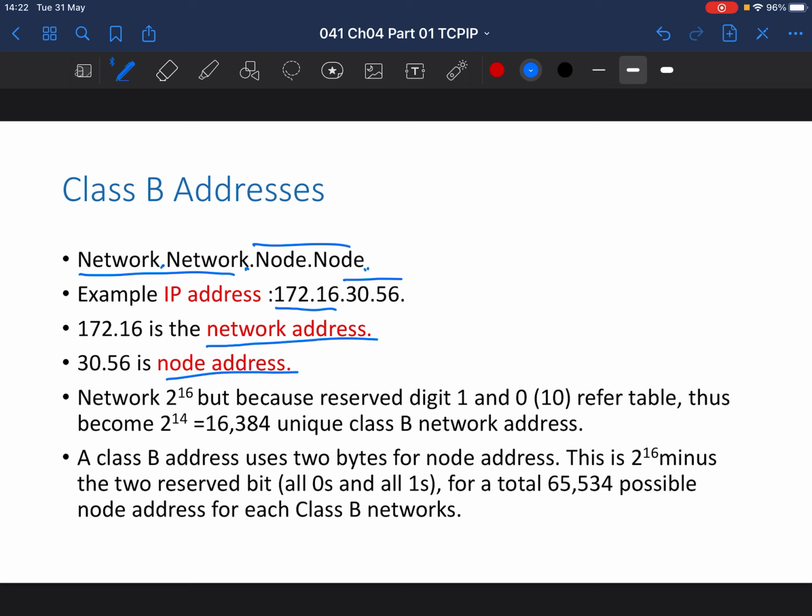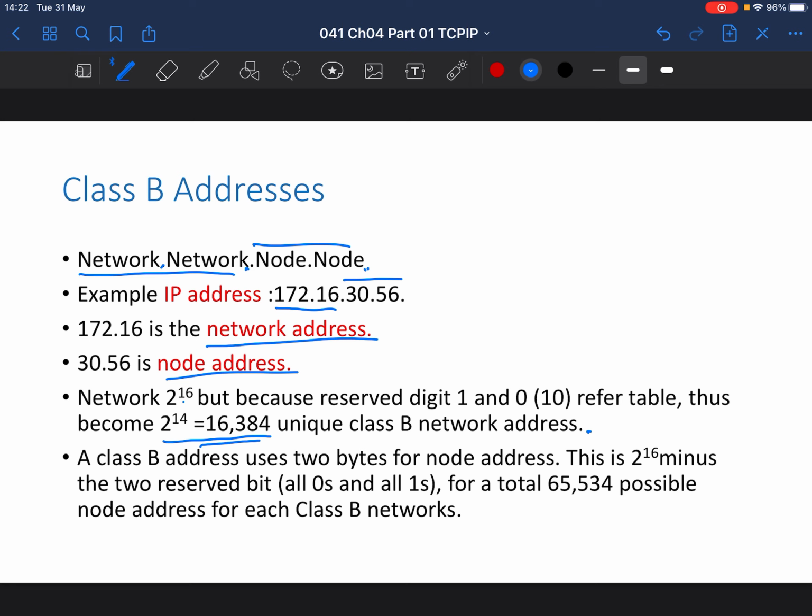Network 2 to the power of 16, but because reserved digits 1 and 0 are not usable, it becomes 2 to the power of 14, equivalent to 16,384 unique Class B network addresses.